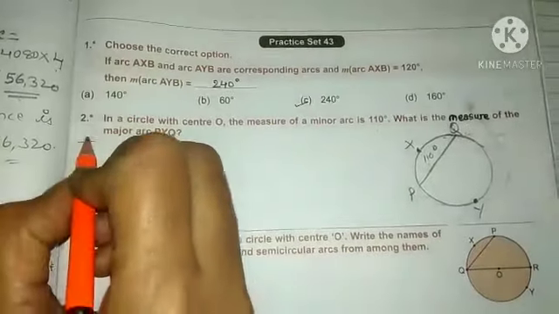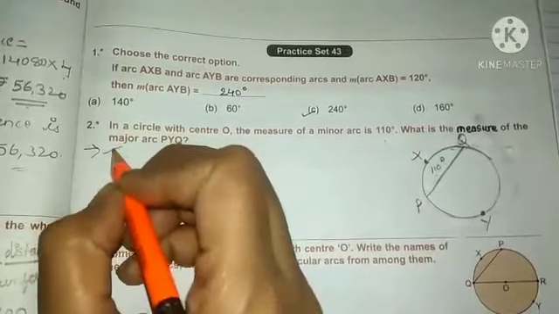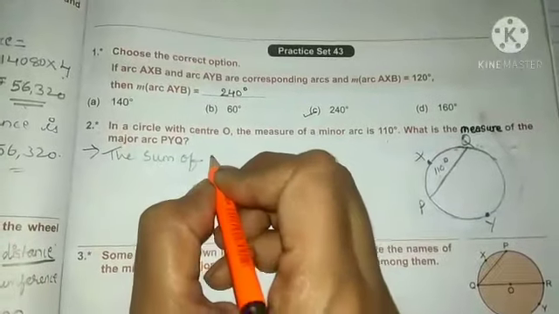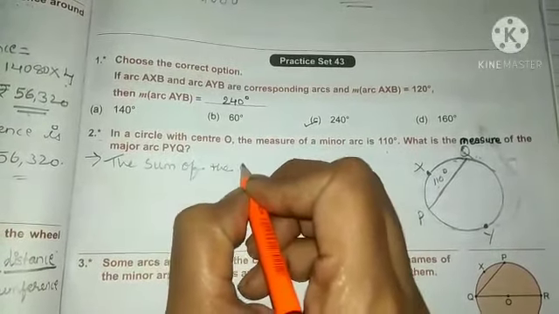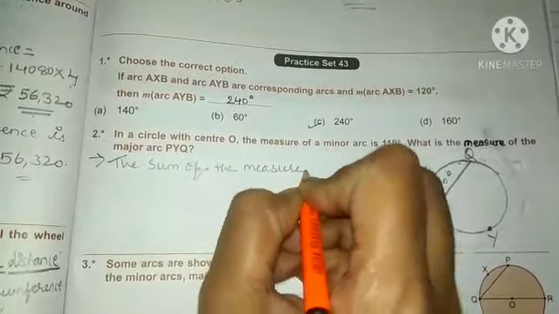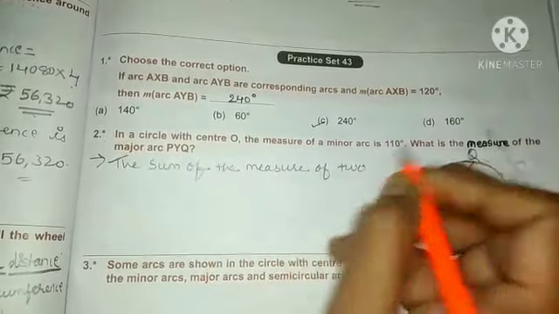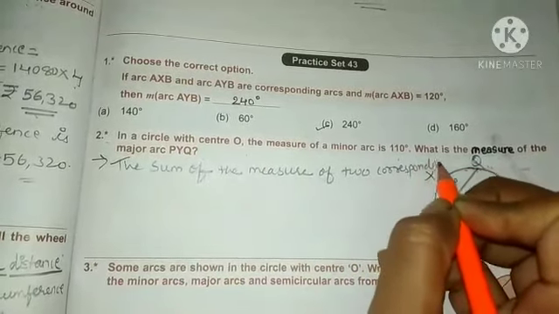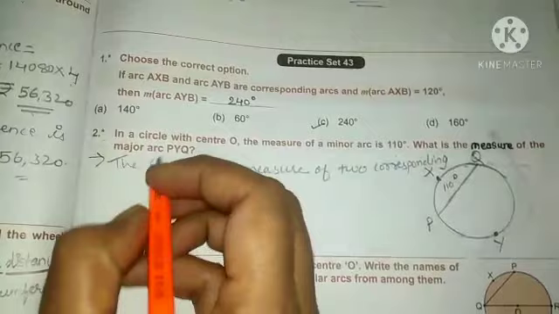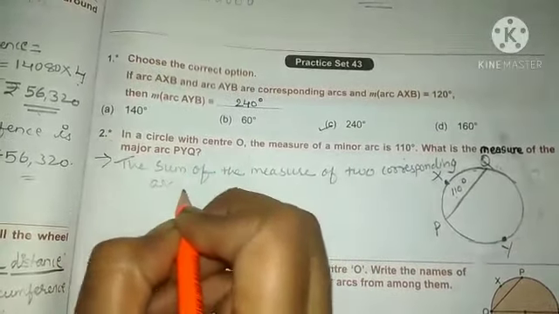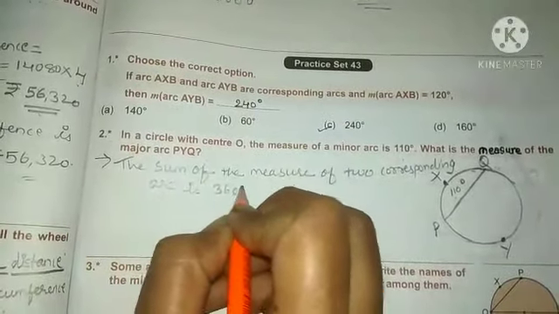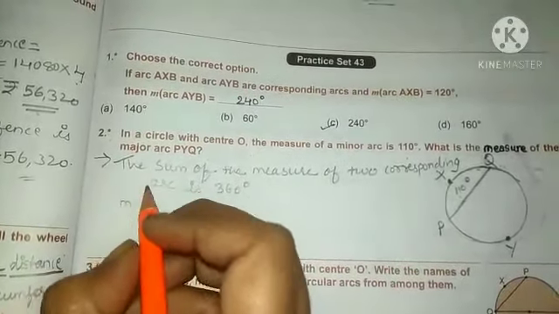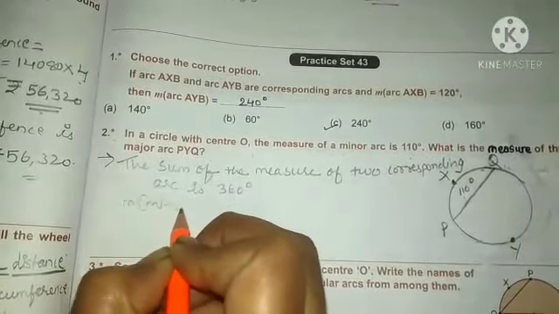Now see, first of all we will write down that the sum of the measure of two corresponding arcs is 360 degree. Clear? So write down the names of the two arcs, that is, measure of minor arc.